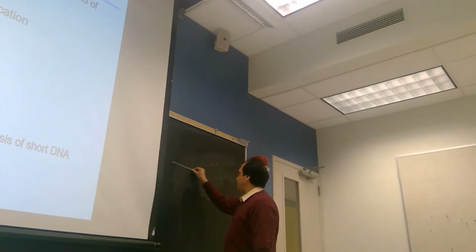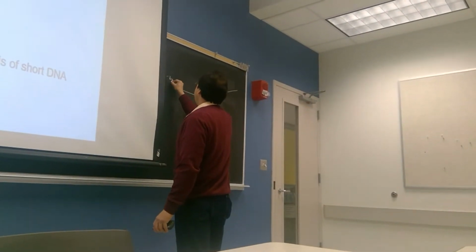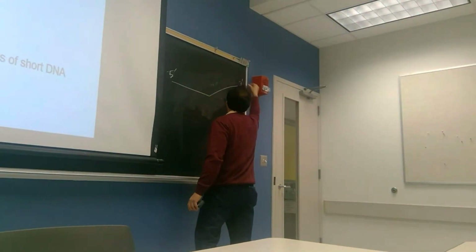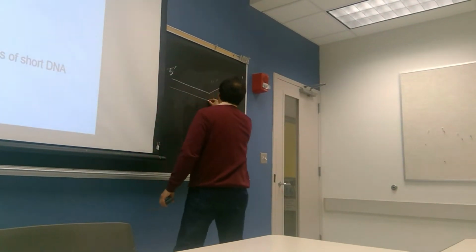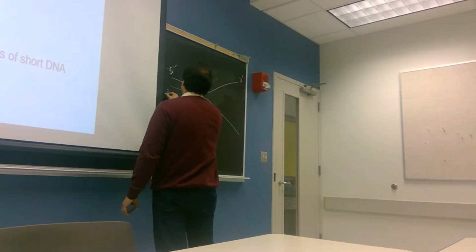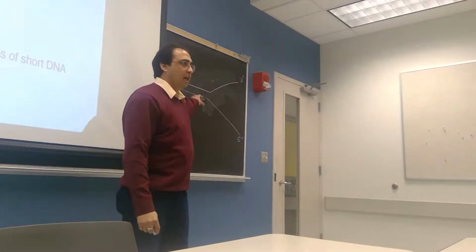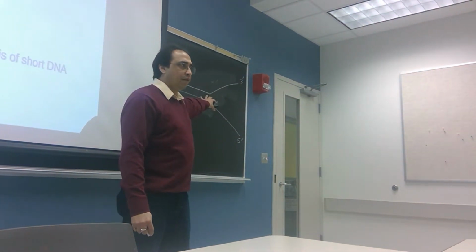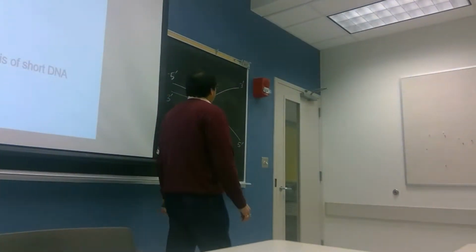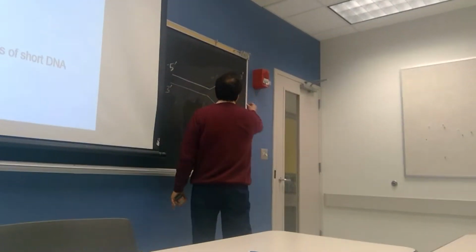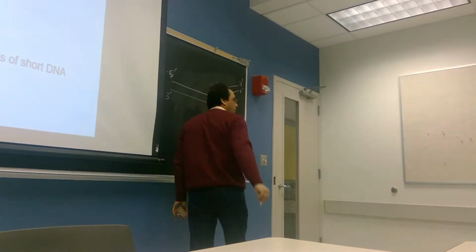So we have the DNA strand. This is 5' and this is 3'. So if the original DNA is there, then this one is 3', this one is 5'. This is the original DNA. I open it up at the replication fork here, so it looks like this. So here, the anti-parallel strand should be 5', and this one will be 3'.